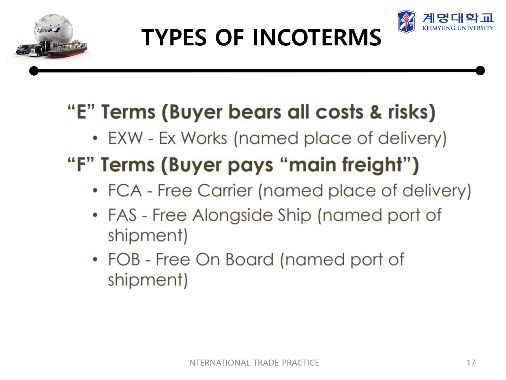So you could see here for the E terms, the buyer bears all costs and risks. Remember that: it's the buyer who takes all the risk, all the cost, and all the responsibility once the products or goods are ready for pickup at the factory.